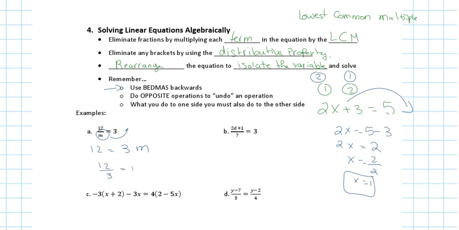And what's 12 divided by 3? It's 4. So your answer is m equals 4. Now, I want you to always ask yourself the question, does that make sense in my equation? If I take this and plug it here, 12 over 4, what does that give me? 3. So it's correct. That's how you check your work.